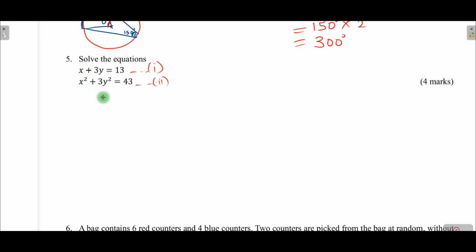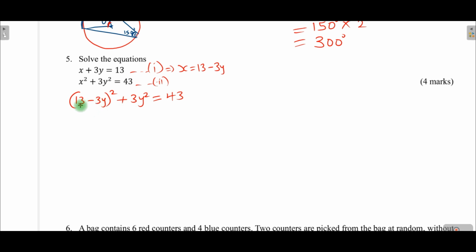I can make x the subject of the first equation, and therefore x will be equal to 13 minus 3y. So I'm going to substitute x is equal to 13 minus 3y into the second equation. Where I have x, I substitute 13 minus 3y, and that will be 13 minus 3y, squared, plus 3y squared, equal to 43.